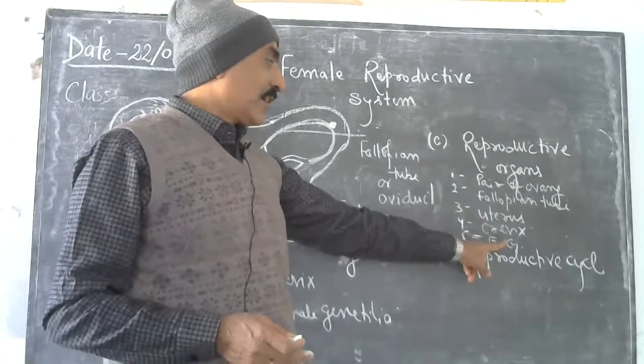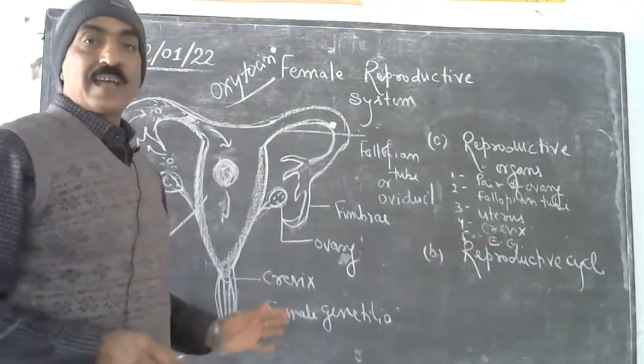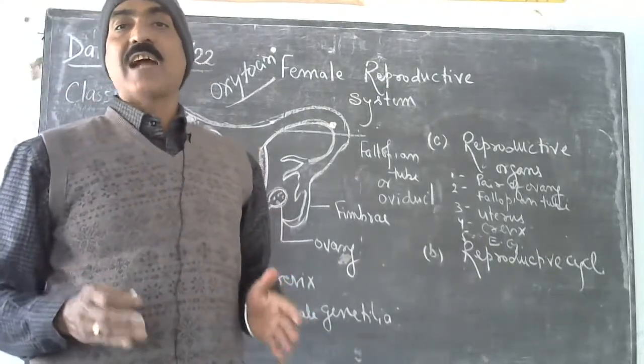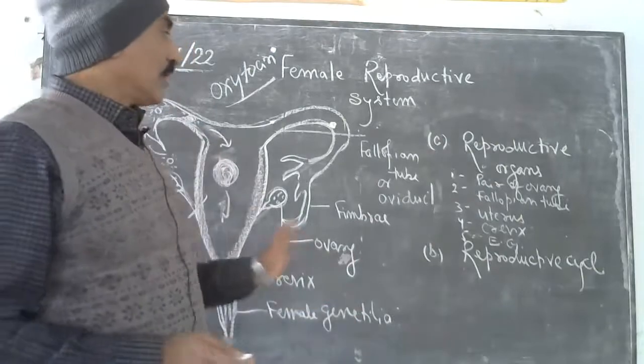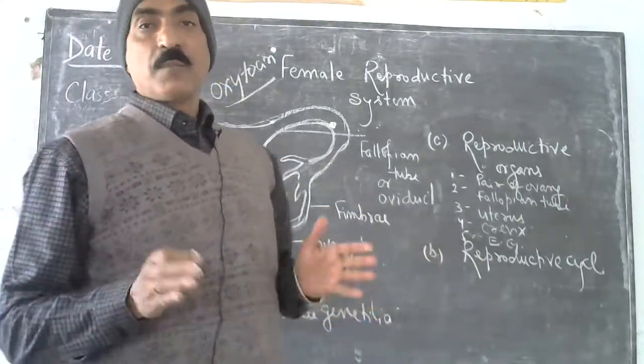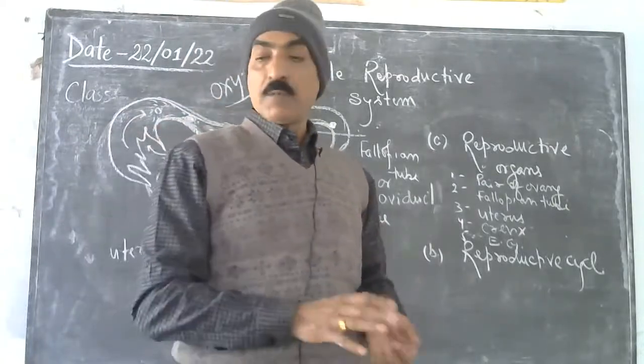And this is the external genitalia or genital tract, the vagina, that helps in copulation or childbirth. Clear? So this is the reproductive system by which reproduction occurs in the human female.